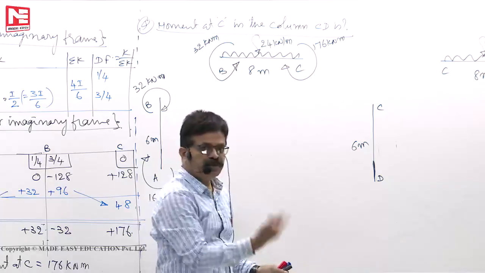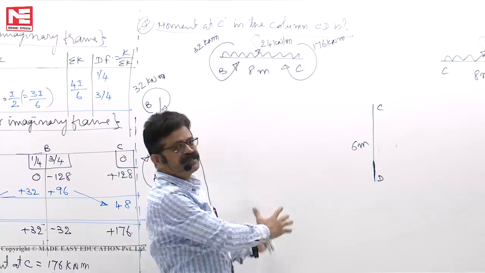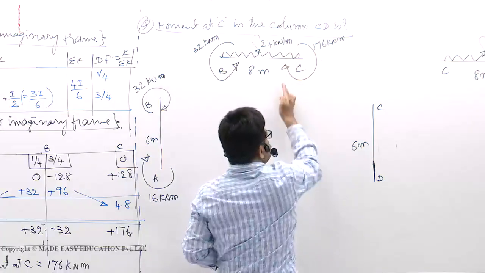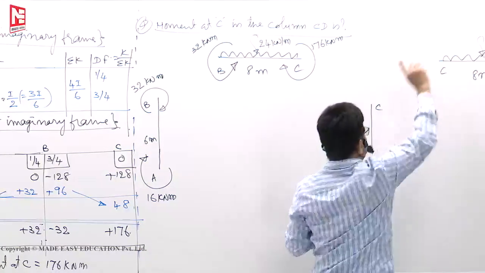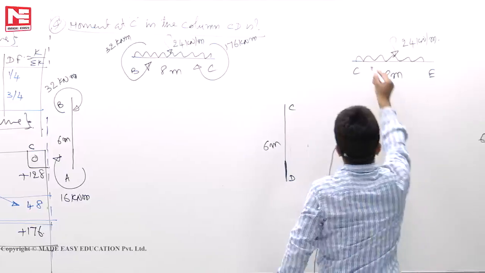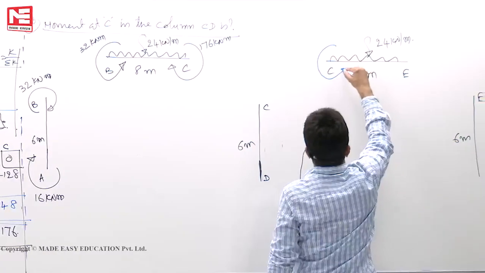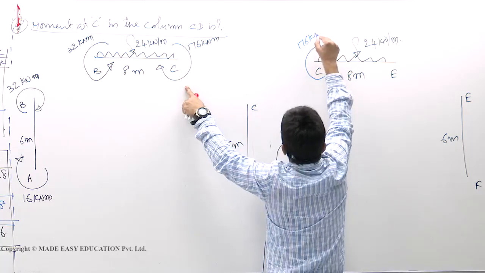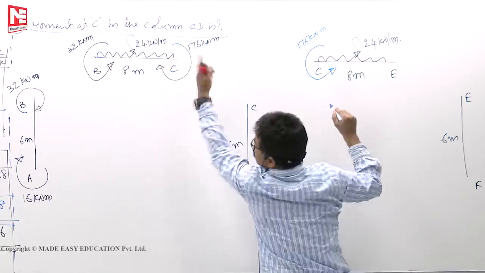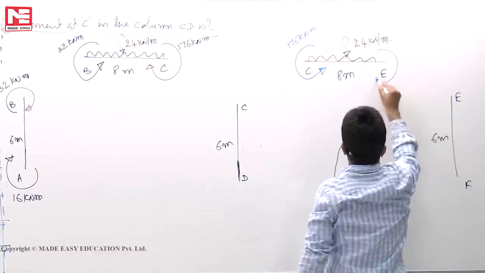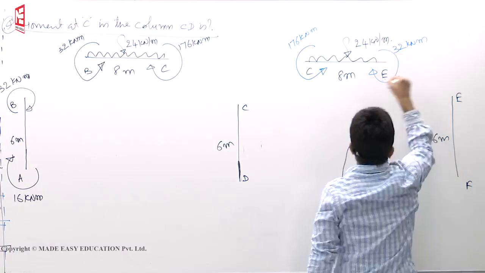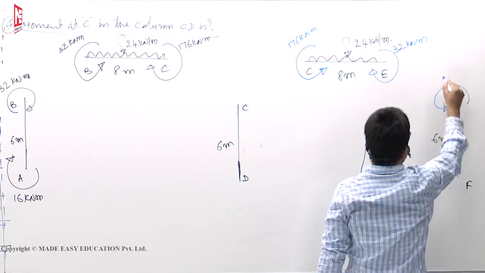Next, with opposite sign, we have to write the moments on the other half of the beam or frame. This is clockwise. When I fold it, it should be anti-clockwise. That I will show with another color. See, this is plus, so it means minus 176 kilonewton meter. Minus 32 means here it should be plus 32 when you fold it. If this is plus 32, it should be minus 32.